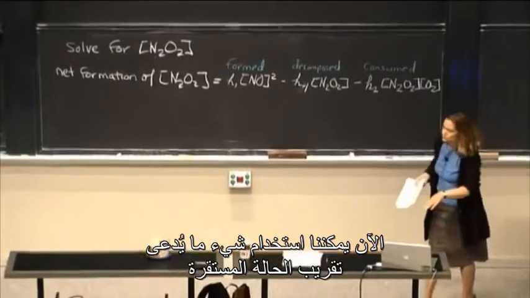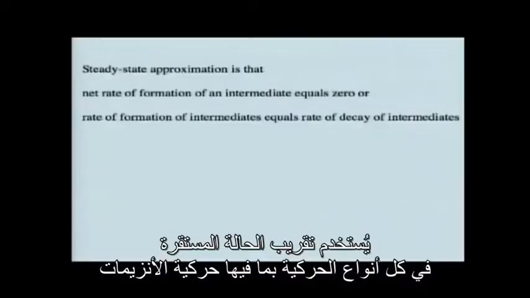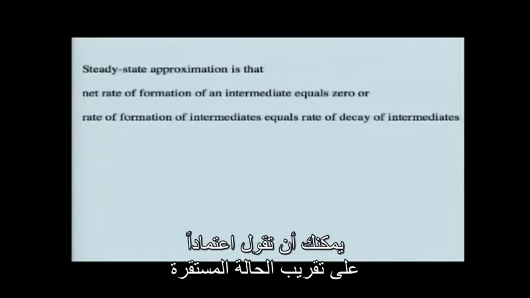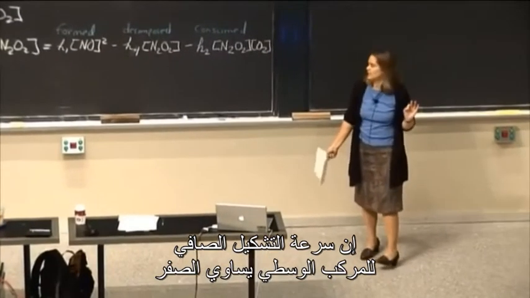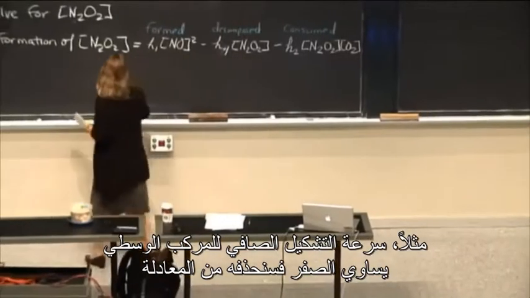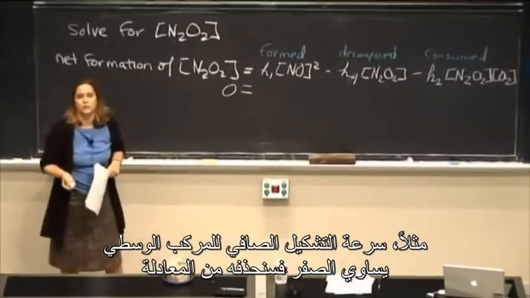And now we can use something called the steady state approximation. The steady state approximation is used in all sorts of kinetics, including enzyme kinetics. And it can be phrased 2 different ways, which are equivalent. You can say that the net formation of the intermediate equals 0, i.e. this entire equation equals 0.